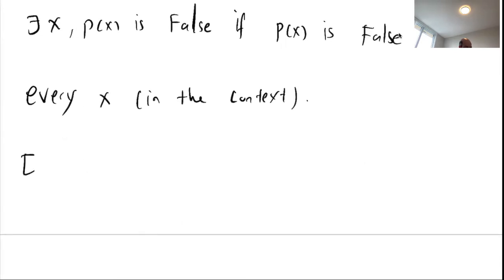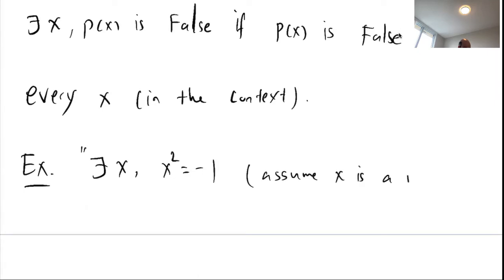Or let's look at also a mathematical example. Let's say, for example, there exists x with x squared equals -1. So we can assume that x is a real number.